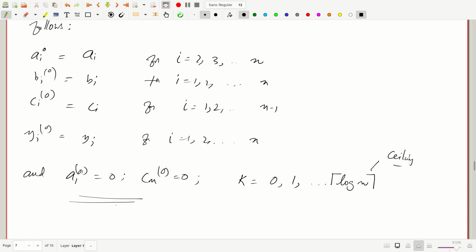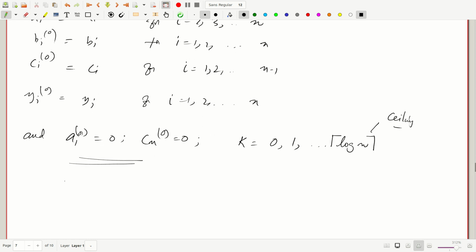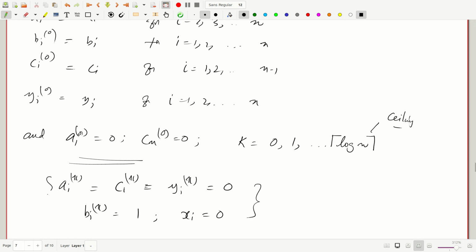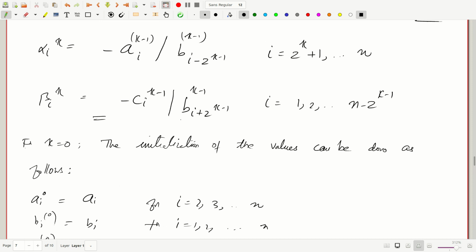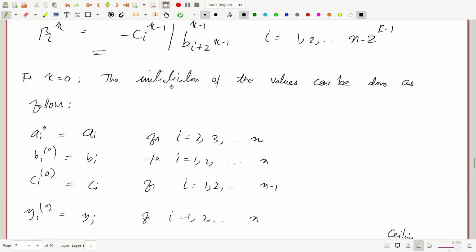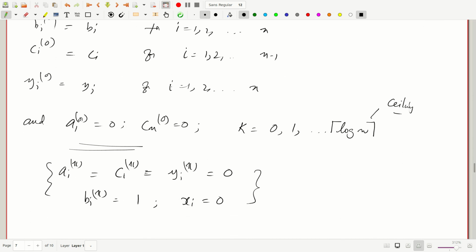And then you would also initialize, at any step, the values that you have, that is a_i^k equals c_i^k equals y_i^k. At any step you will initialize with 0, and then b_i^k with 1 and x_i with 0. Okay, so with that, these recurrence relations should work to calculate the corresponding coefficients at any step.